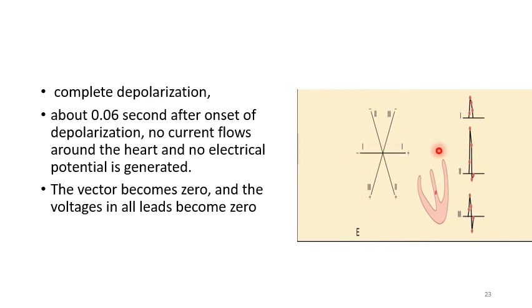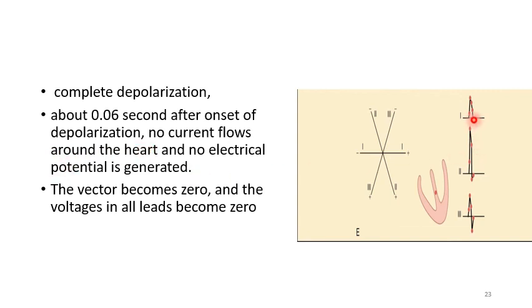After complete depolarization, you will not have an instantaneous cardiac vector, because we don't have differences in charges. So we will not pick up a current here. At about 0.06 seconds, there will be no current flow, and around the heart no electrical potential is going to be generated.